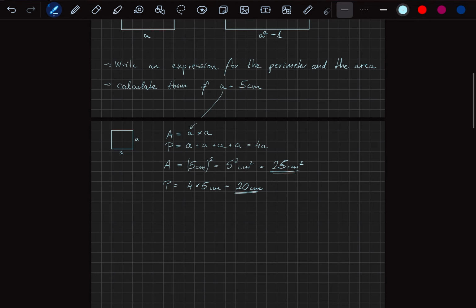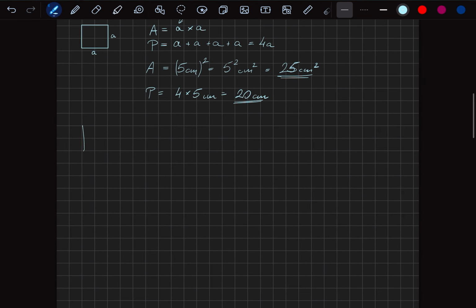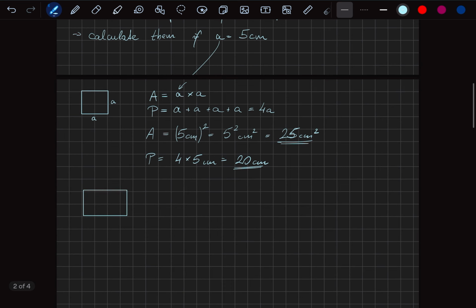What will happen with the rectangle? With the rectangle, it will be a little bit different. I will just write the rectangle here. The area of the rectangle is length times height, or a times b, or x times z, or whatever.